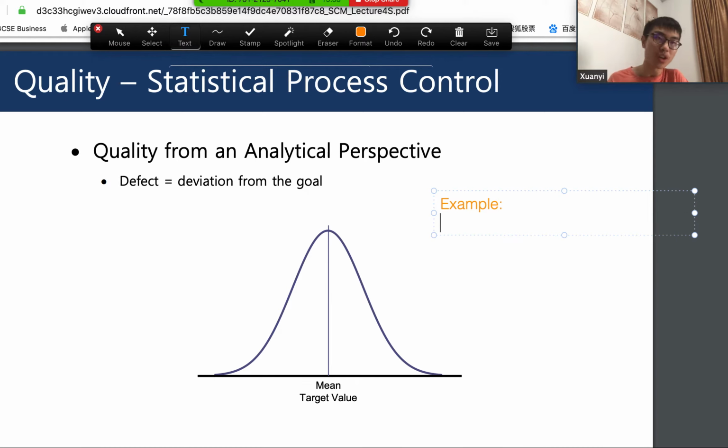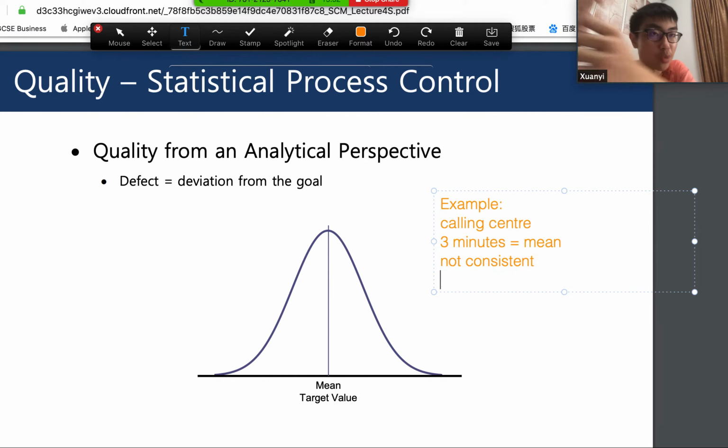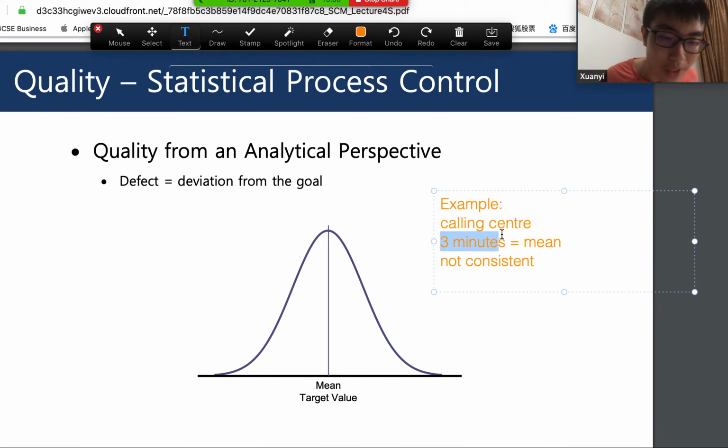If we are a calling center, if my business is a calling center, then our goal is to complete each call in 3 minutes with our customers. So 3 minutes will be our mean value, but can every call be 3 minutes? Of course not, because it can never be consistent. Maybe some customers require more help, some customers require less help, but 3 minutes is basically what we want to achieve as a compromise.